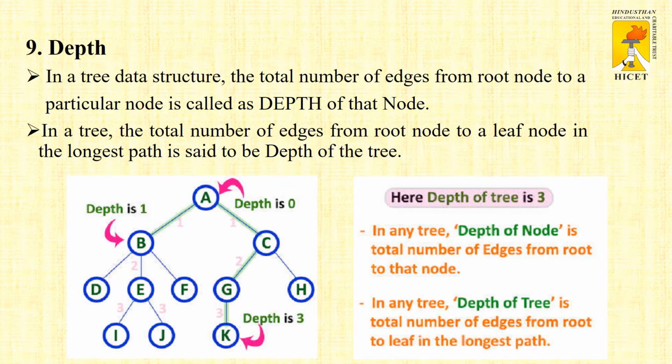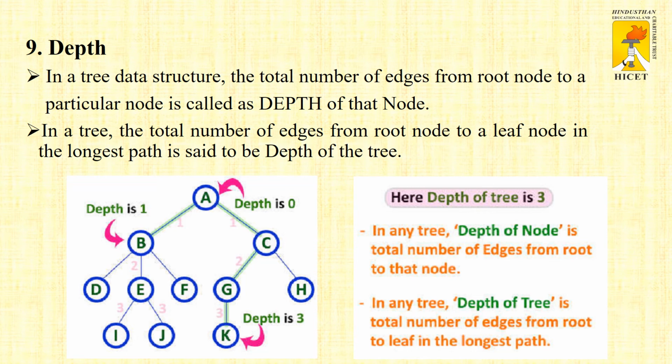And the next is depth. The total number of edges from the root node to that particular node is called the depth of that node. For example, if I take node C, in this tree the root node is A. From A I have only one edge, so the depth of C is 1.